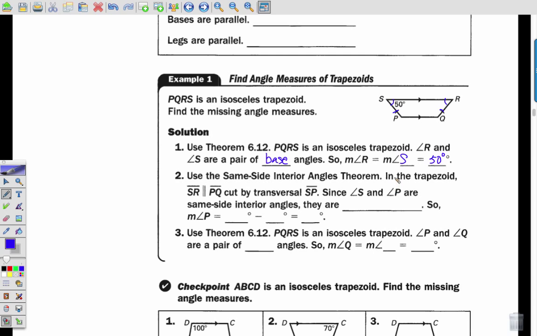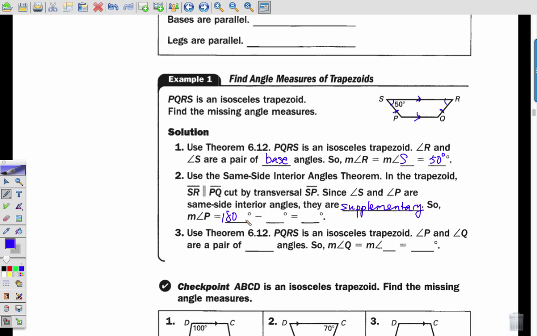Now, if I use the same side interior angle theorem, meaning if these two are parallel, same side interior angles have to be supplementary, right? So angle S and angle P have to be supplementary. So angle P and angle S must add up to 180 degrees.